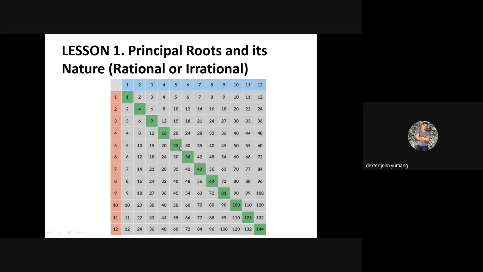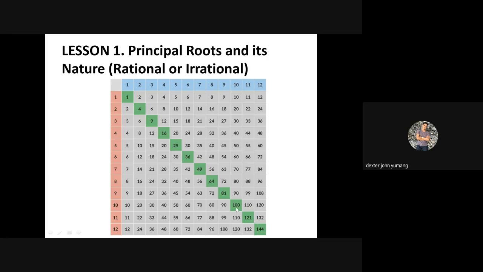For 25, it became 25 because you multiply 5 by 5. For 36, it became 36 because of multiplying 6 and 6. For 49, it became 49 because you multiplied 7 and 7. Napapansin nyo ba? Pag ang number you multiply sa kanyang sarili, ang sagot nasa green.